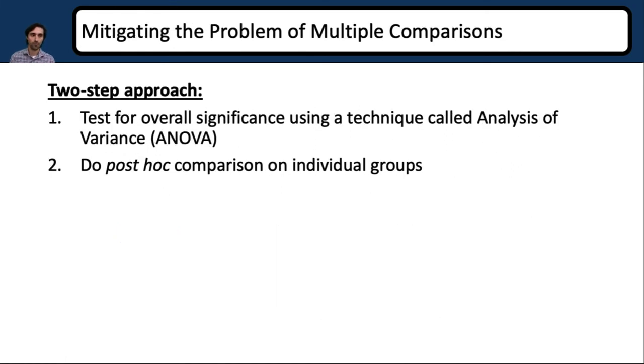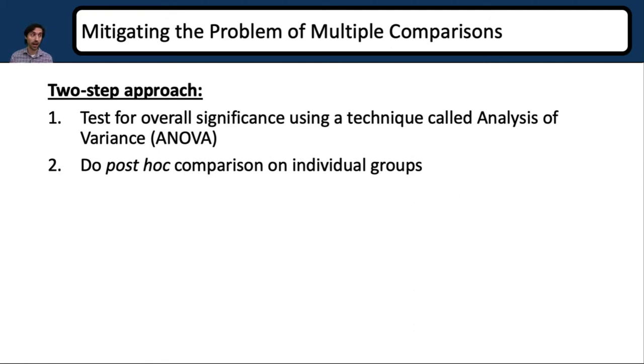So there's a 2-step approach to looking at the overall significance. We need to test the overall significance, and then we need to do a post hoc comparison on individual groups. The first one is basically saying, is there any significance at all amongst these groups? It's either going to say, nah, don't worry about it, retain the null.